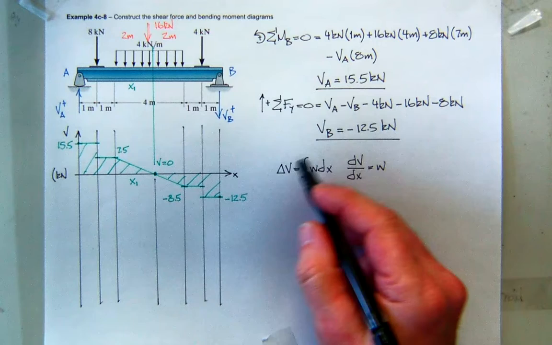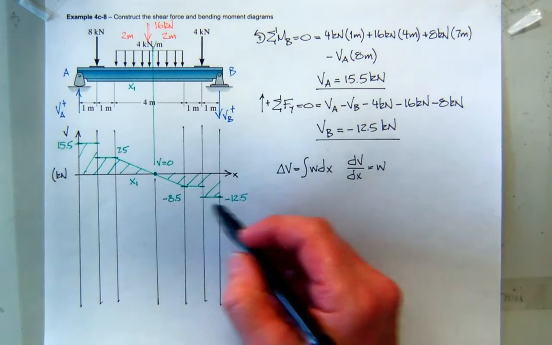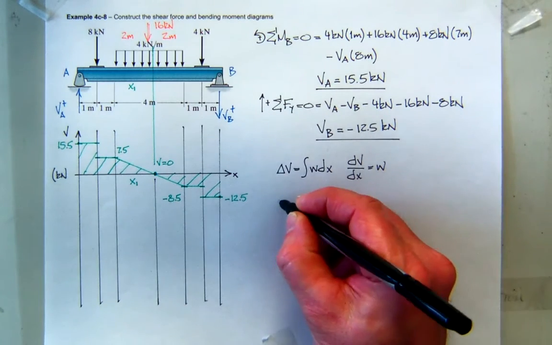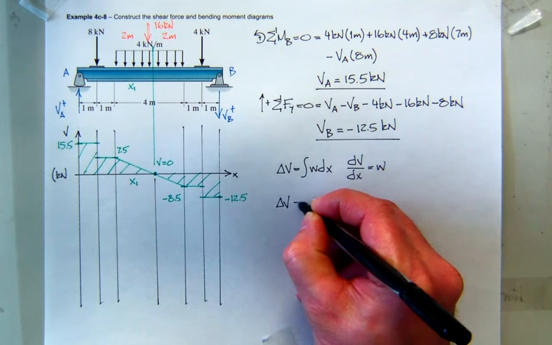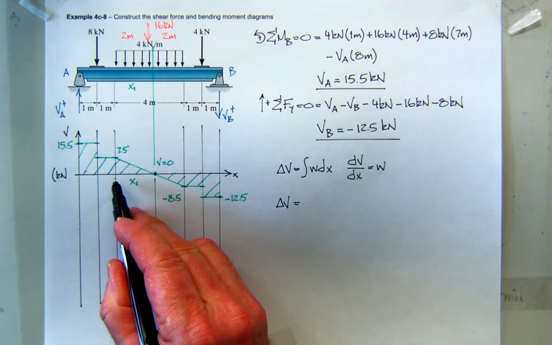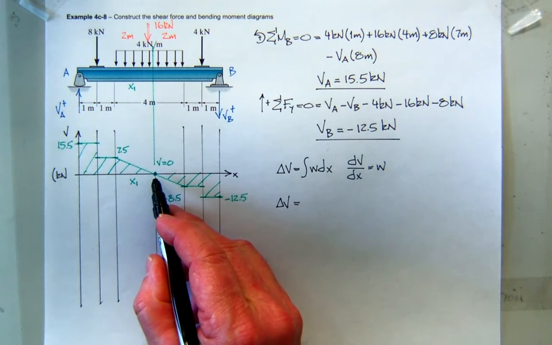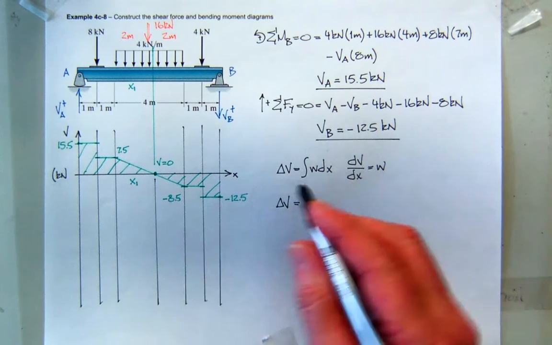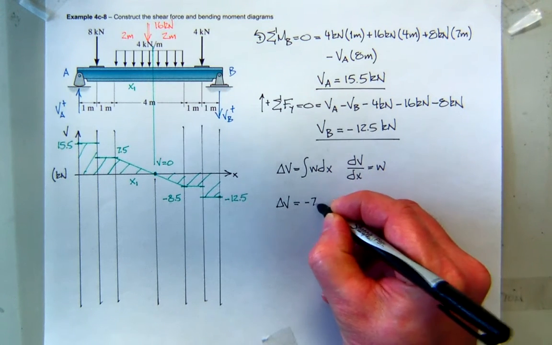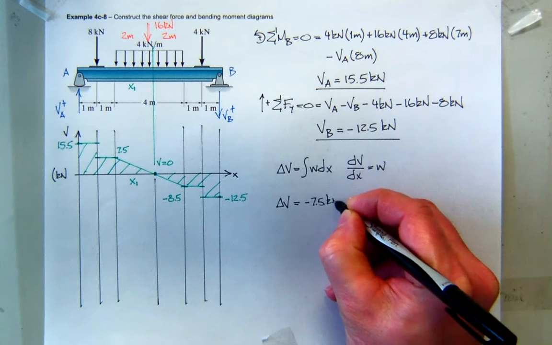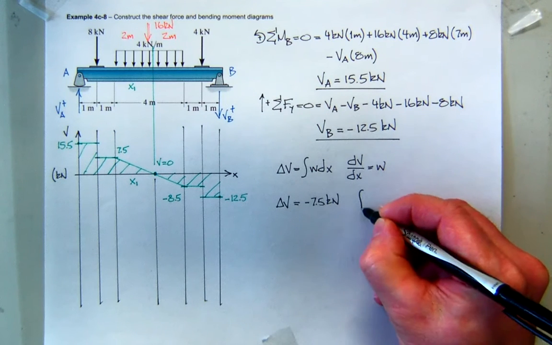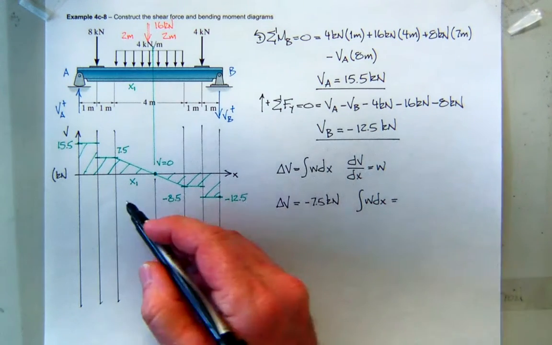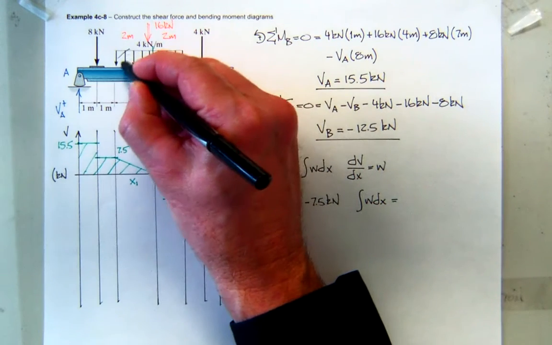So let's use our equations here to figure out what X1 is. What is the change in shear from here to here? Well, we start off at 7.5, we end at 0, so that's a change of minus 7.5. What's the area under the load curve in the same segment? That would be this segment right here.